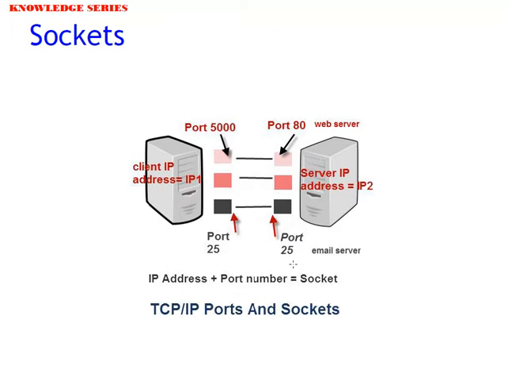Now, every apartment in the building shares the same address. However, each apartment has its own unique number, which is what we term a port number. So the IP address is external, the port number is internal. That way also you can assume it.